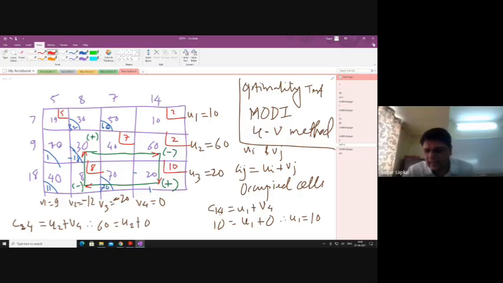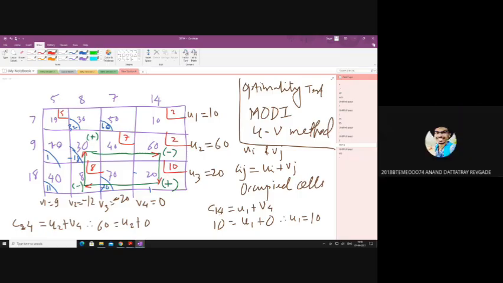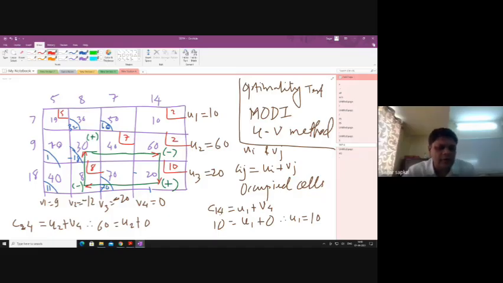Has everyone understood up to this point? Yes sir. Okay. Now focus on the minus sign marked cells. Which ones are they? 1, 4 and 3, 2. Yes sir. Okay, they are having minus signs.